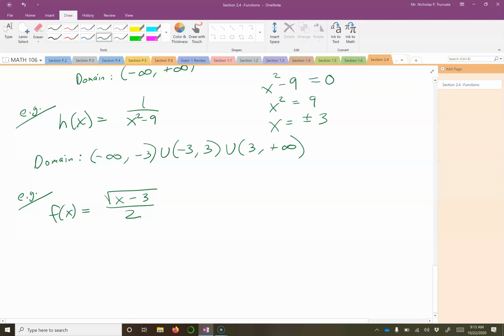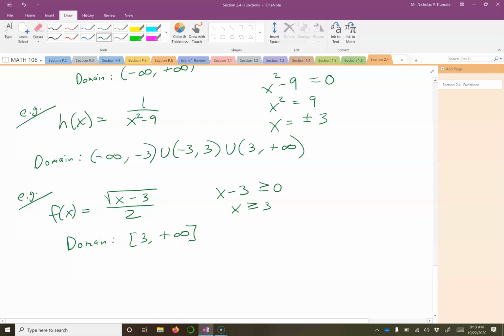We really just have to worry about that square root. So we know the thing inside the square root has to be greater than or equal to 0. So that means the domain in inequality form would be x is greater than or equal to 3. So that would be bracket 3 all the way up to positive infinity.